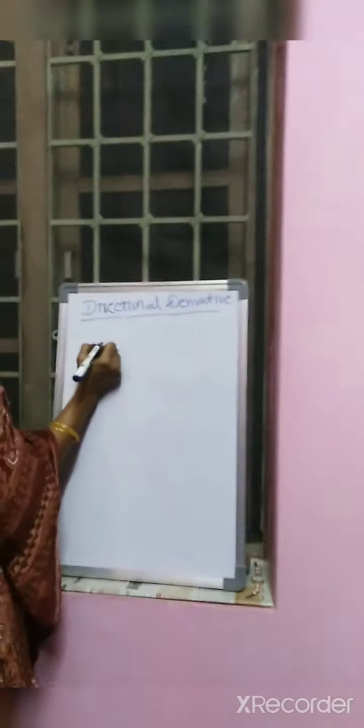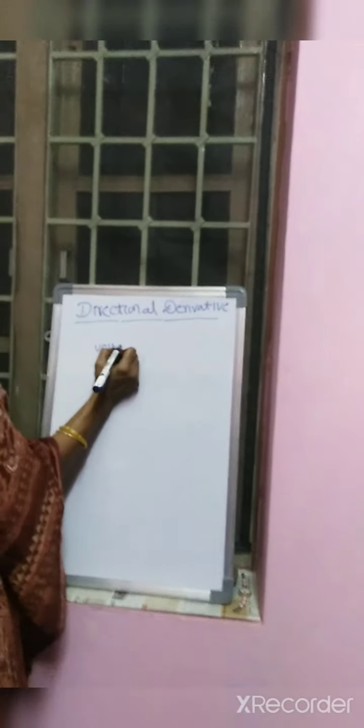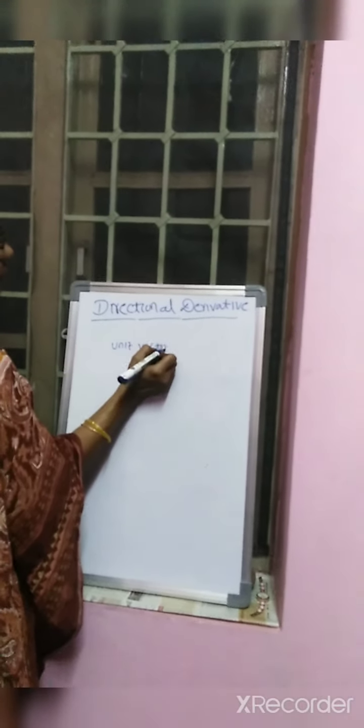Directional derivative. Here there is one direction. Suppose we have a unit vector.